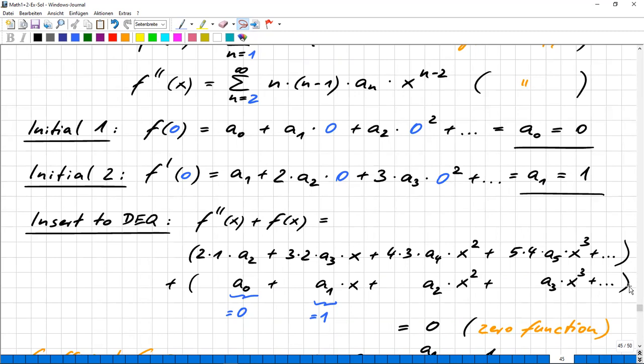Now, what do we see? We see that since the sum of these two parenthesed expressions must always be 0, it's the so-called zero function. Please remember, this means that it's 0 for any value of x.